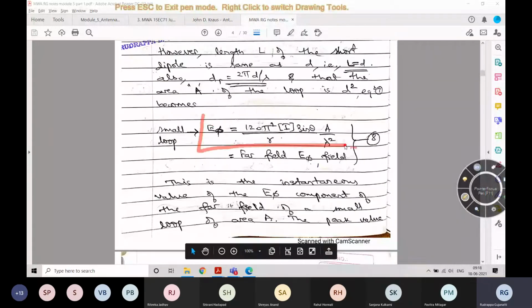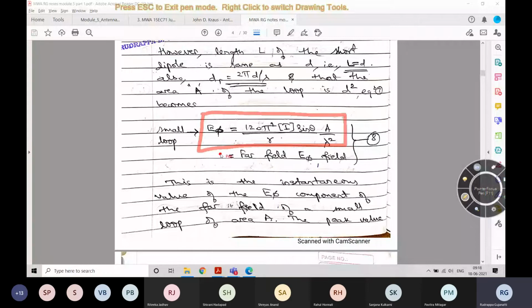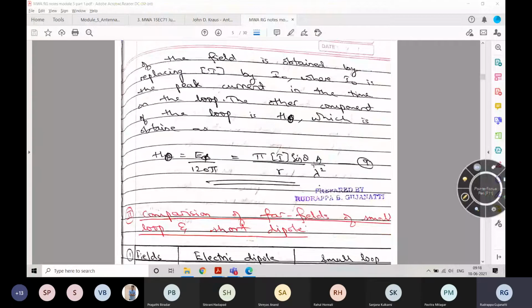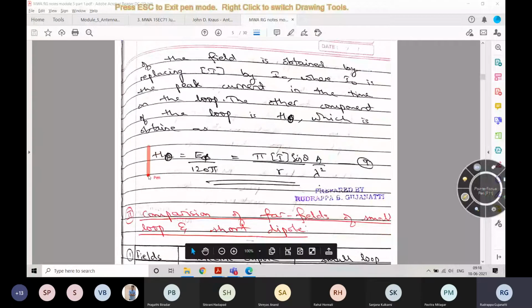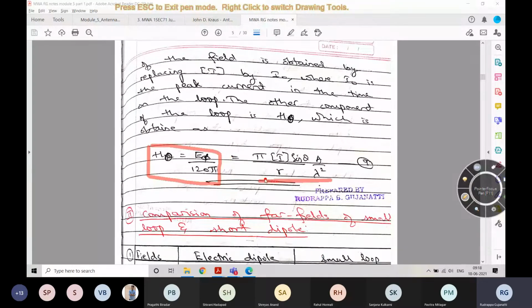It was 120 pi square retarded current sin theta divided by r into a by lambda square, where a is the area of the loop, lambda is the operating wavelength, and r is the distance at which you are measuring the field. The I in the bracket is the retarded current. And H theta is obtained using E phi divided by 120 pi. So we obtain this result for the magnetic field, which is in the theta direction.